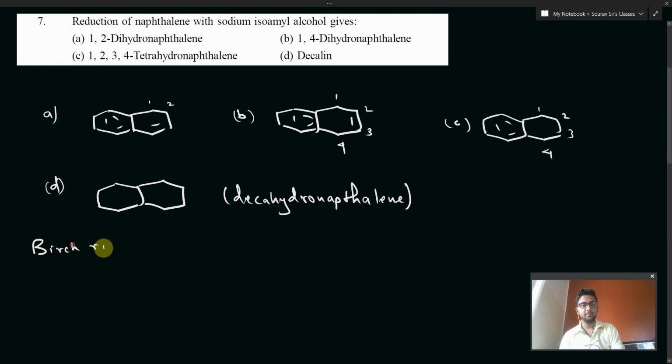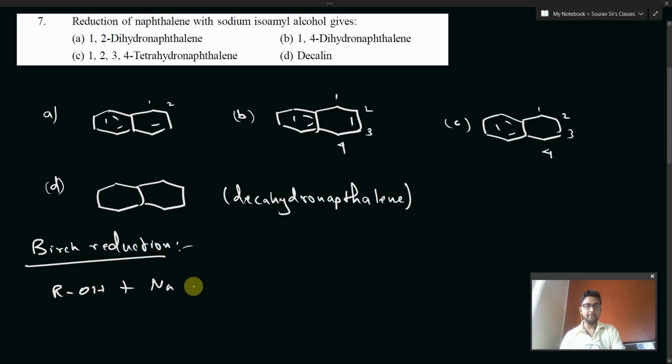We'll look into the concepts of Birch reduction and then follow up with the question. For Birch reduction, we require an alcohol and a sodium atom, Na. Let us say we have this alcohol group, ROH.